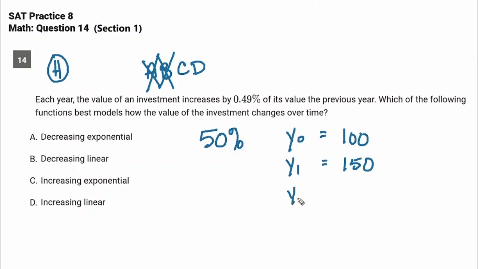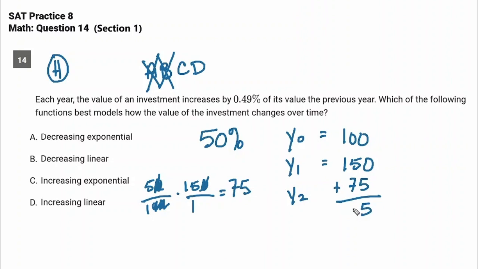Okay, year 2 is going to be 50% of 150. So I'm just going to cross off zeros here. You could also do this on your calculator. That's $75. What's going to happen with that $75? You're going to add it to 150. Again, don't be ashamed to use your calculator here, and you're going to get $225.